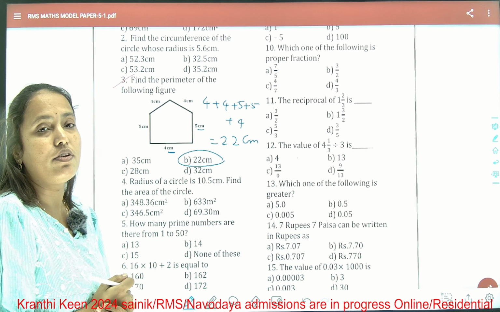Find the value of x. Yes, here they are asking to find the value of x.